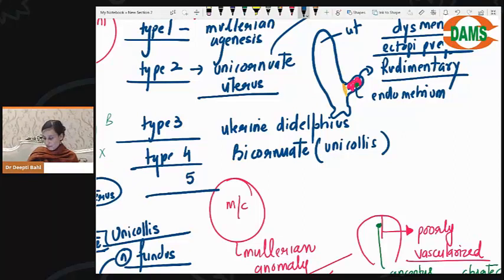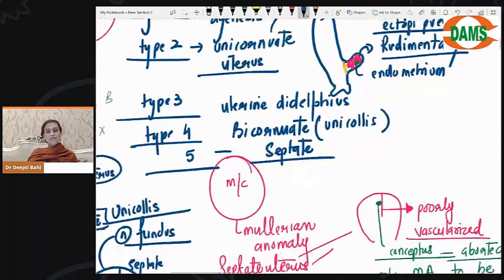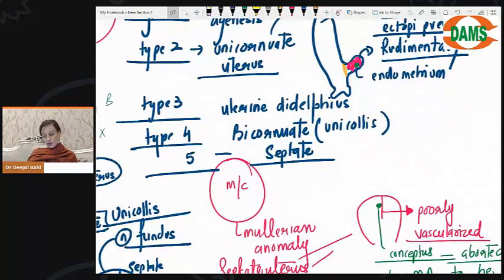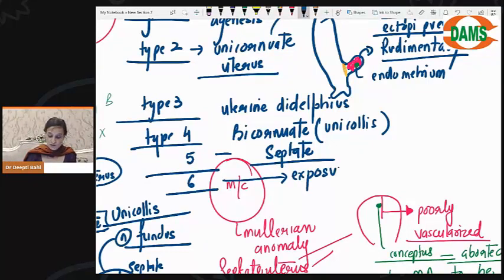Type 5 is septate uterus. And type 6, these are the kind of Mullerian anomalies that are happening because of exposure to diethylstilbestrol in utero.